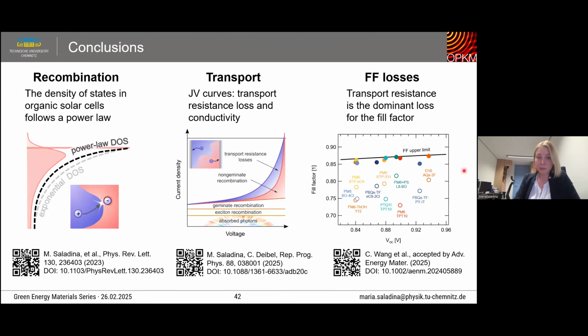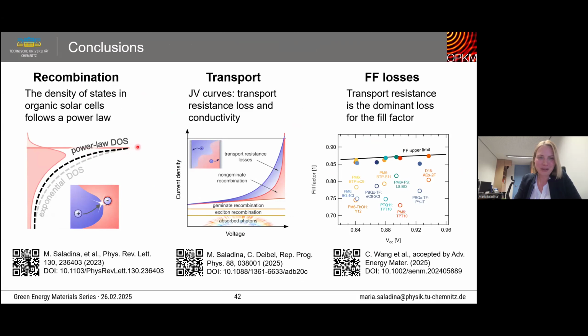So this is the conclusion of my talk. I hope I could convince you that analyzing JV curves can be fun, also apart from just determining the power conversion efficiency. Just by using this data, we were able to show the form of the density of states in organic solar cells.